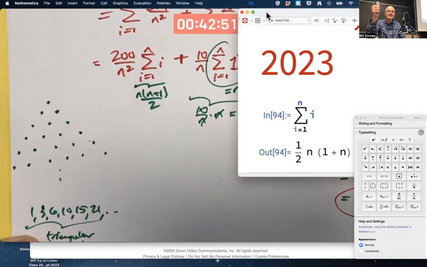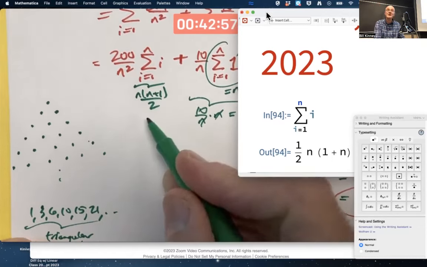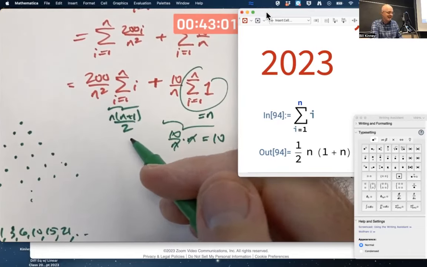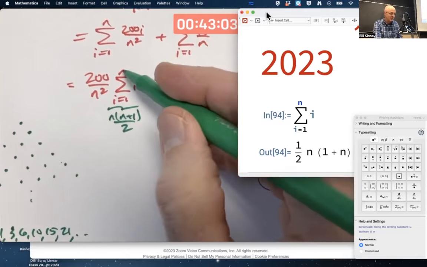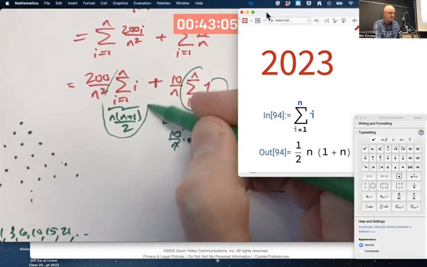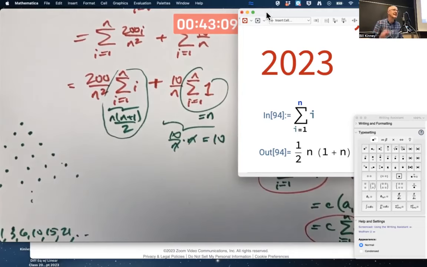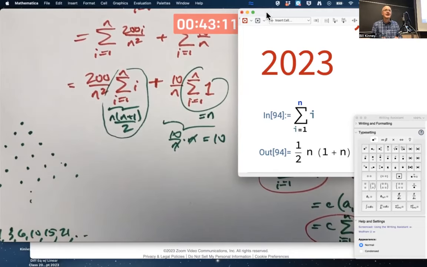Is that a proof? No, but I hope it feels good enough. To prove it, you can use mathematical induction. In fact, if you take discrete math, it'll probably be an exercise for you to prove that these things are equal with induction. But we won't do that in calculus. Have you heard of mathematical induction?